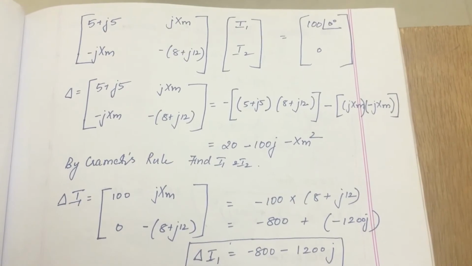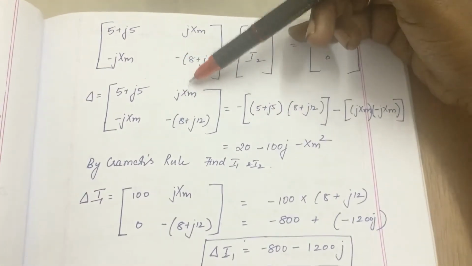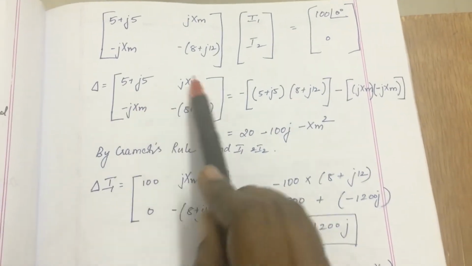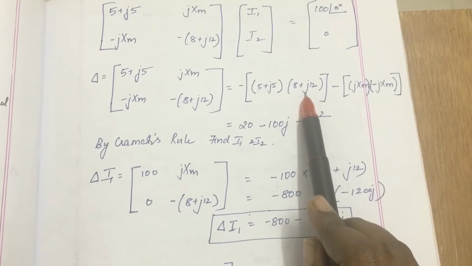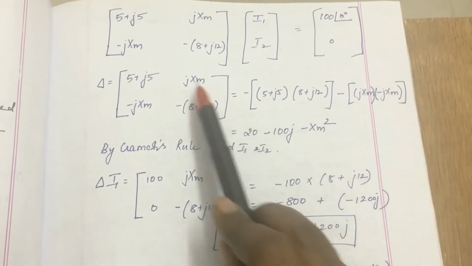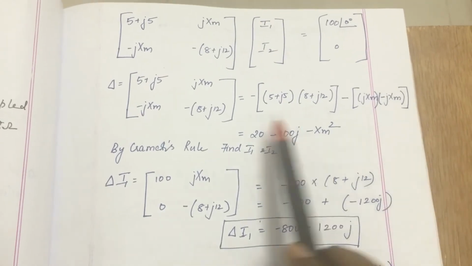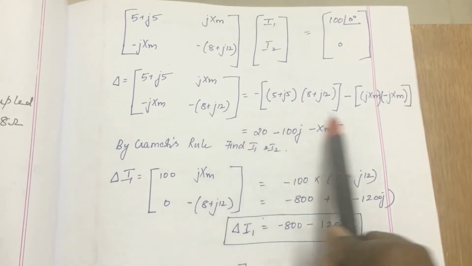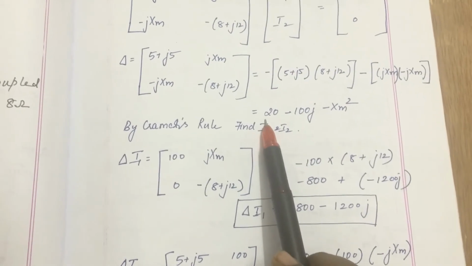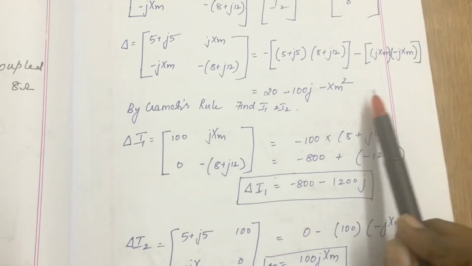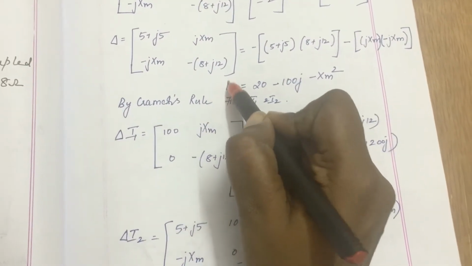If I multiply this into this minus this into this, I have written (5 plus j5) into minus (8 plus j12) minus jXM into jXM. Substituting the entire value in the calculator, I got my equation as 20 minus 100j minus XM square. This is my determinant value which I have obtained.